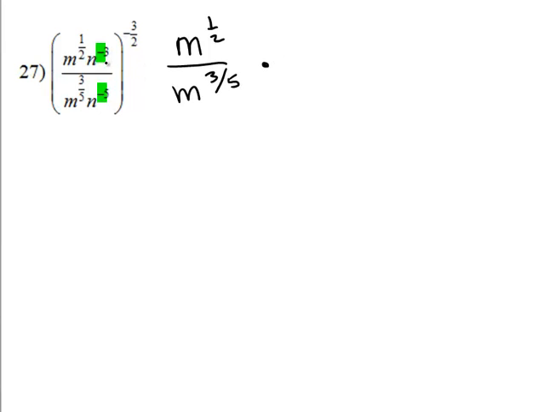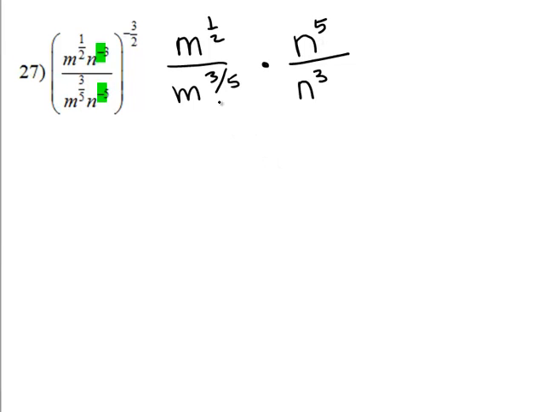If this is a negative 3, it really belongs in the denominator. So that's n to the negative 3, so that would be n to the positive 3. Again, this is n to the negative 5, so the reciprocal of that would be n to the 5th.